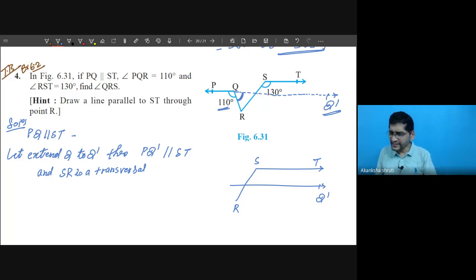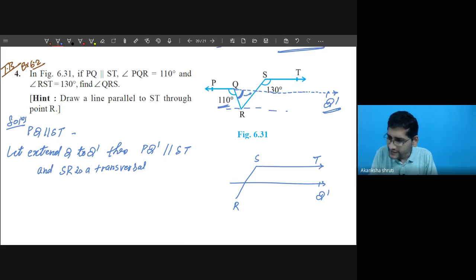Now, what could be done next? For observing this, you can correlate this angle to this one, or you can consider this angle, or you may draw another line which is parallel to this one. So there are various ways of thinking. What you prefer, you can do that.